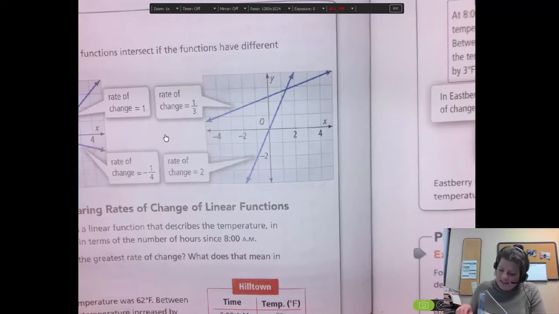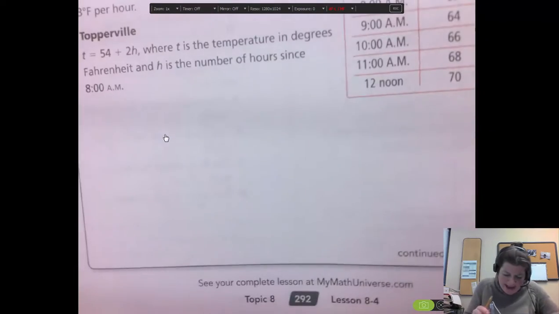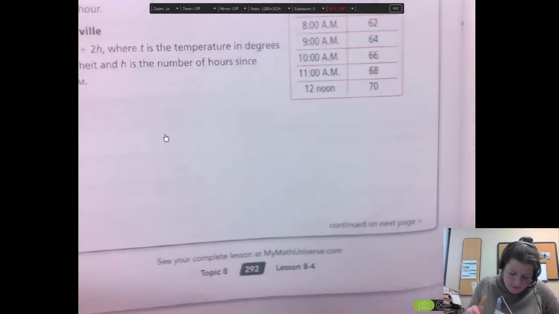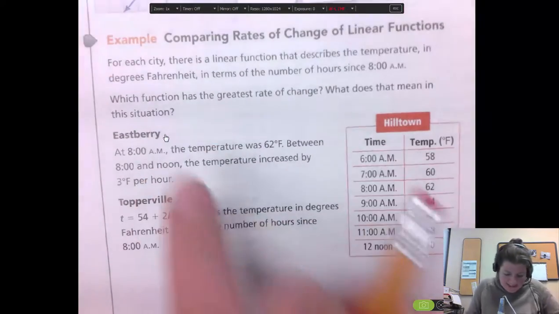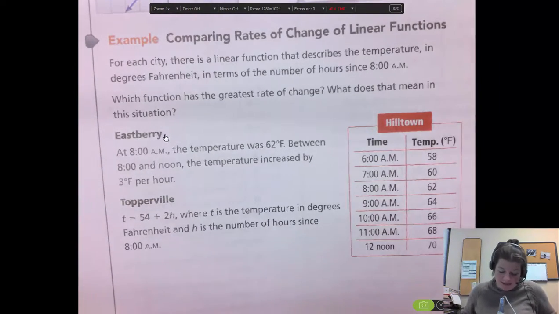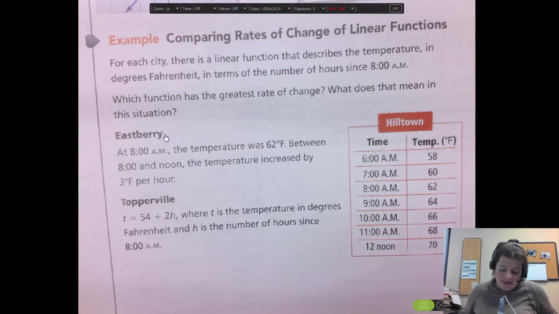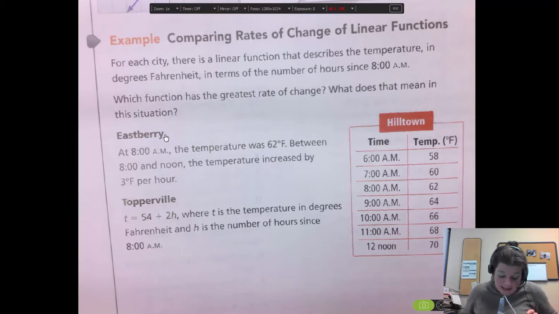So in this section, you might be seeing something like this. For each city, there is a linear function that describes the temperature in degrees Fahrenheit in terms of the number of hours since 8 a.m. Which function has the greatest rate of change?